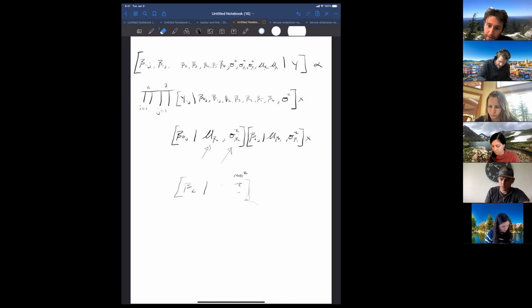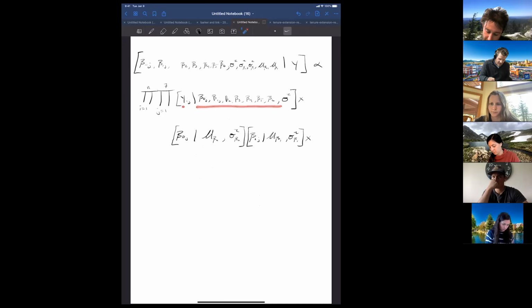And that's kind of the hierarchical model. We have our likelihood with unknown parameters. But then we have parameters that depend on other unknown parameters.